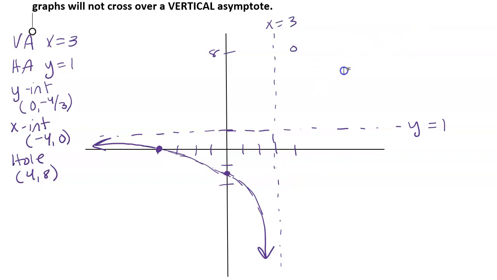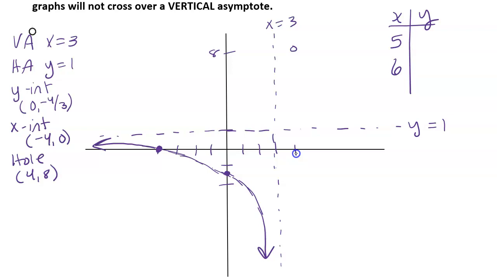Now up here we do need a little bit more information. We have a hole up there, but you don't want to get too loose with your drawing. So you need to find a couple more points, and that's why you do a quick little XY table. The hole was at an x value of 4, so maybe we use an x value of 5 and 6.